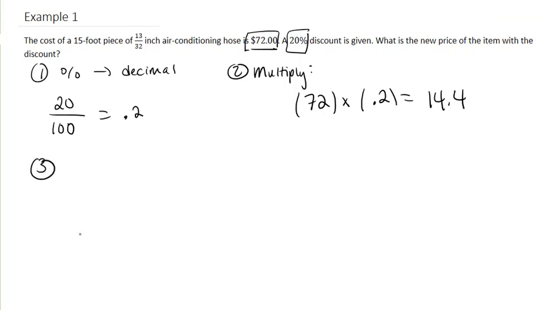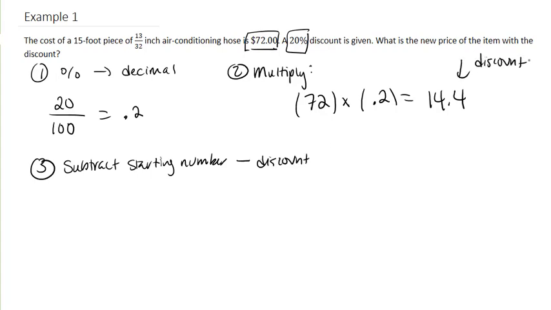And then the next step will be to subtract. So we have the starting number minus the discount, as this is the discount. So we have our starting number of 72 minus 14.4.